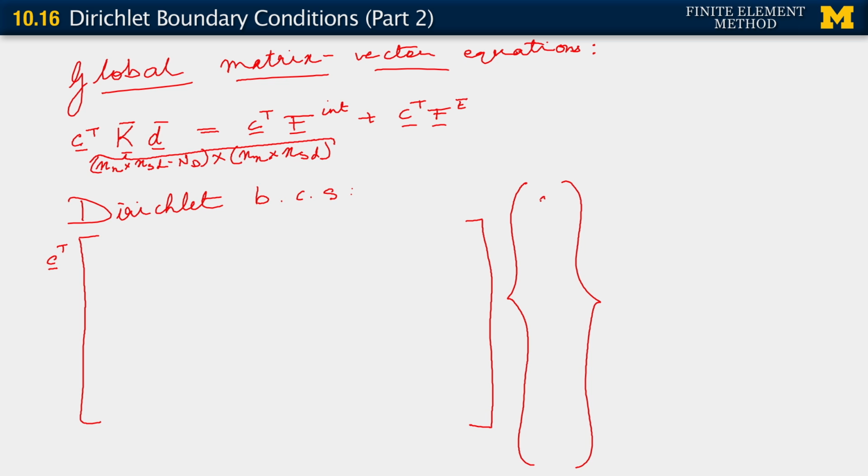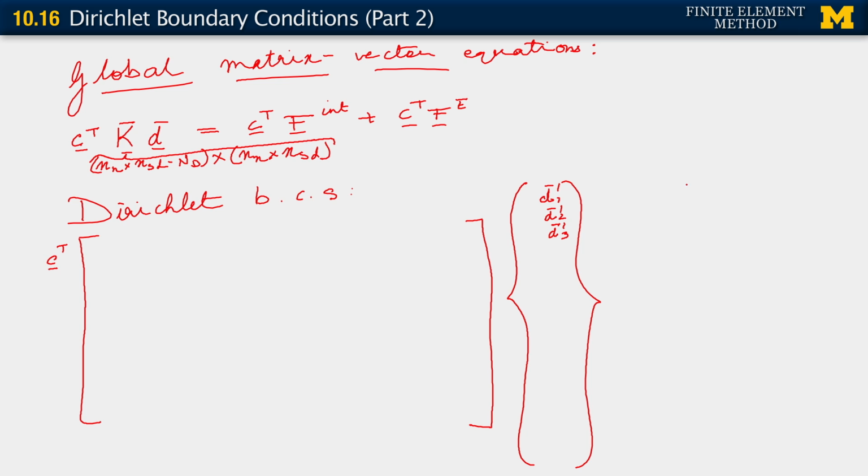Now when I label the degrees of freedom for the D bar vector, that is D bar 1,1, D bar 1,2, D bar 1,3.